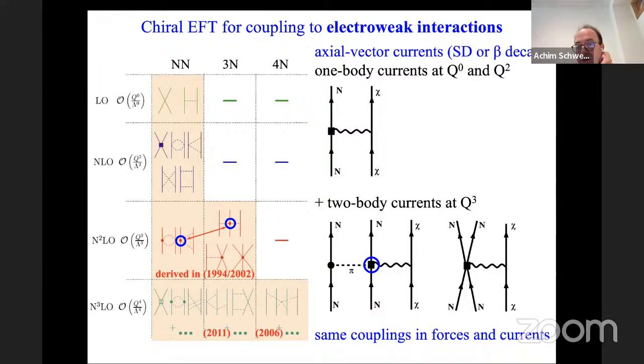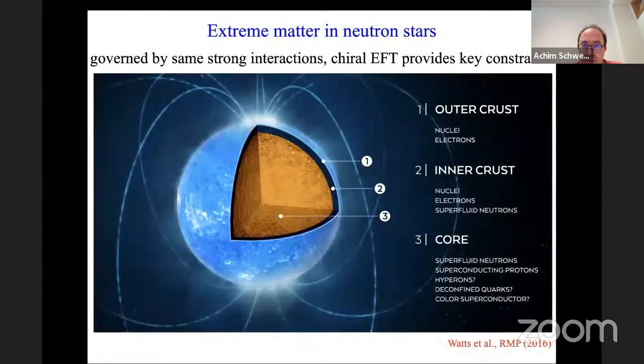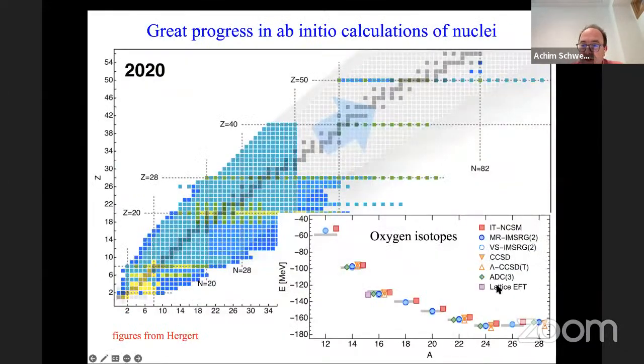But it's a great benchmark nucleus where different methods, similar to what I showed you for the oxygen chain, can be compared. There are basically three of these methods that have been used. One is the multi-reference in-medium SRG, the valence space in-medium SRG, and coupled cluster calculations.